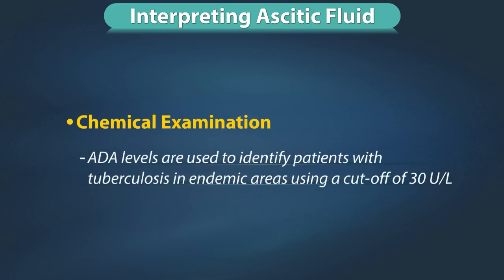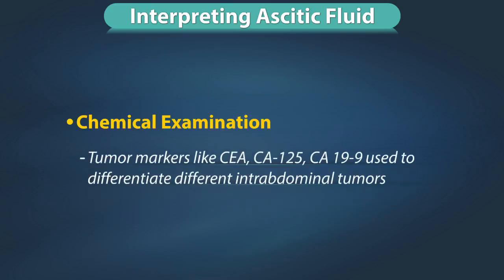Adenosine deaminase levels are used to identify patients with tuberculosis in endemic areas using a cutoff of 30 international units per liter. Tumor markers like CEA, CA125, and CA19-9 are used to differentiate different intra-abdominal tumors.